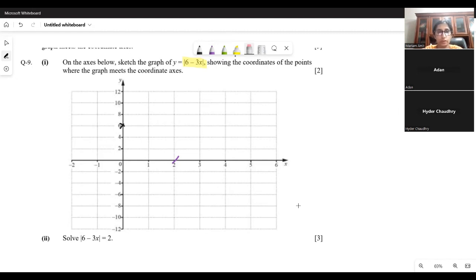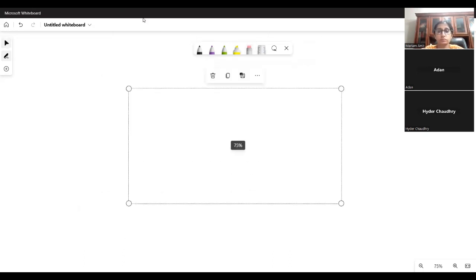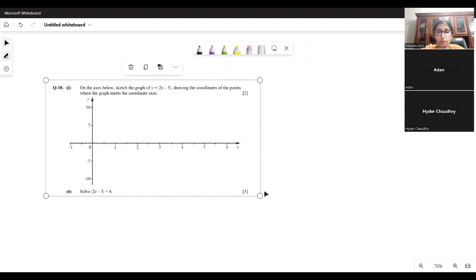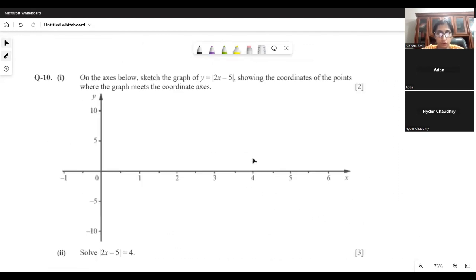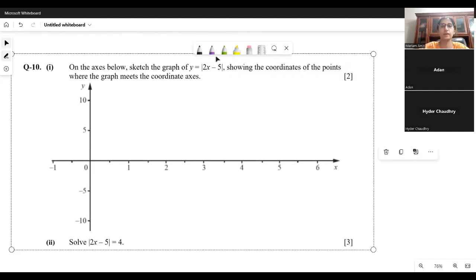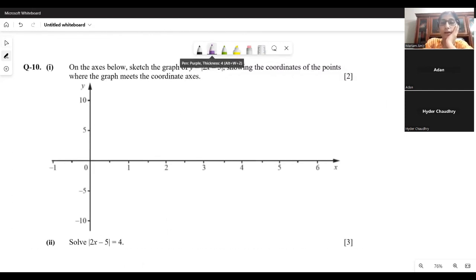Okay, let's quickly do question 10. Again, you'll do part 2 of this on your own. So इसको बस sketch करके देख लेते हैं। Y equals modulus 2x minus 5.